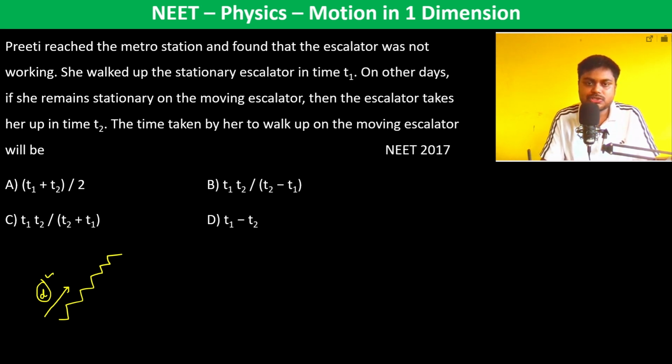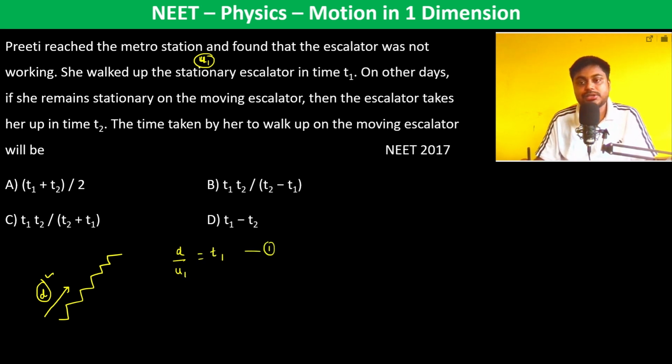She walked up the stationary escalator, so let the speed of Preeti be u1. So d by u1 is equal to t1, and when the escalator is moving, let us say the moving escalator has the speed u2, so d by u2 is equal to t2.